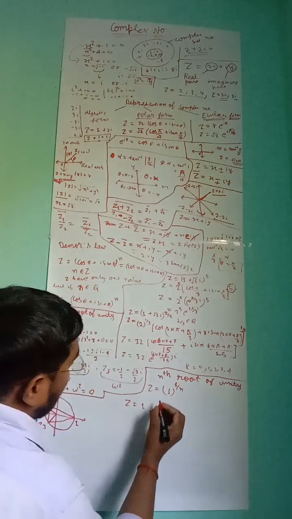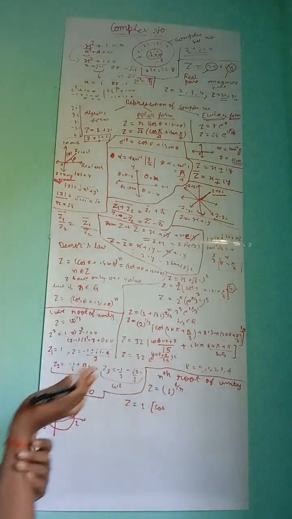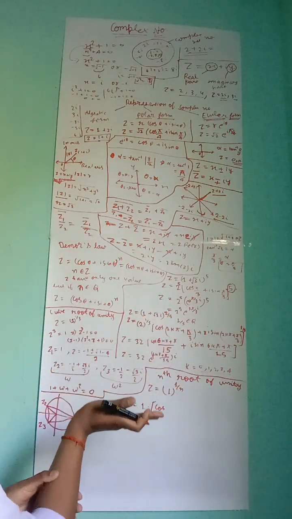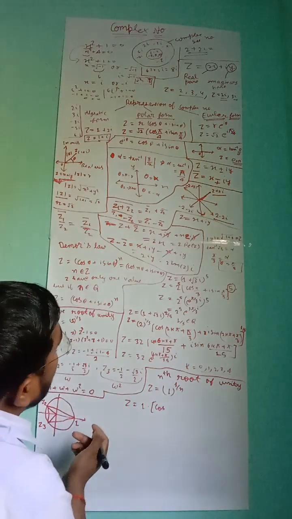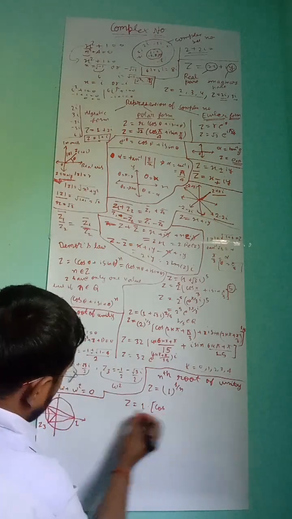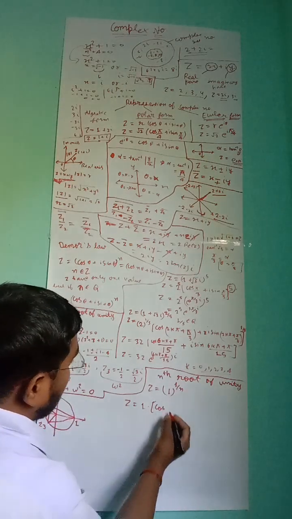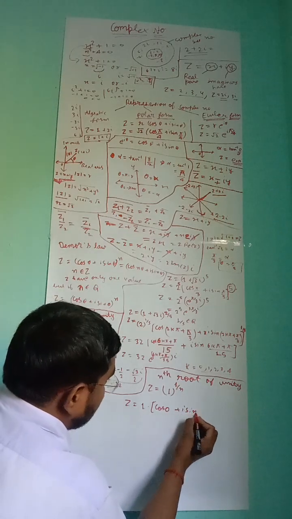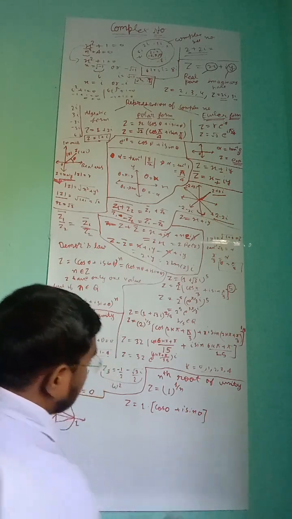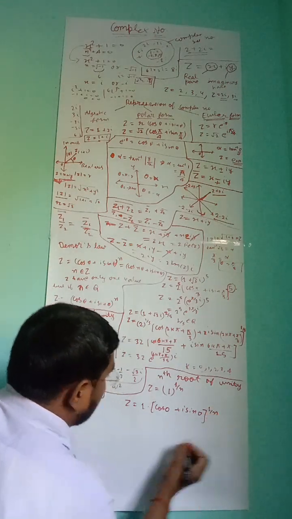So what is my theta? Theta is my 0 here, because this will lie on the positive real axis. So here lies 1: (1)(cos 0 plus i sin 0) power 1 by n.